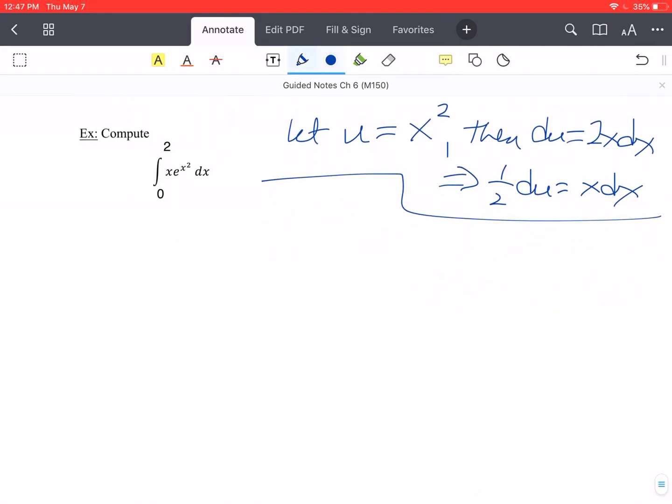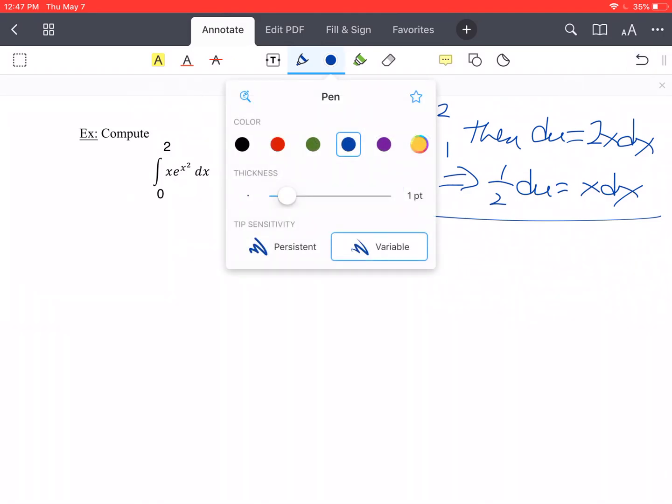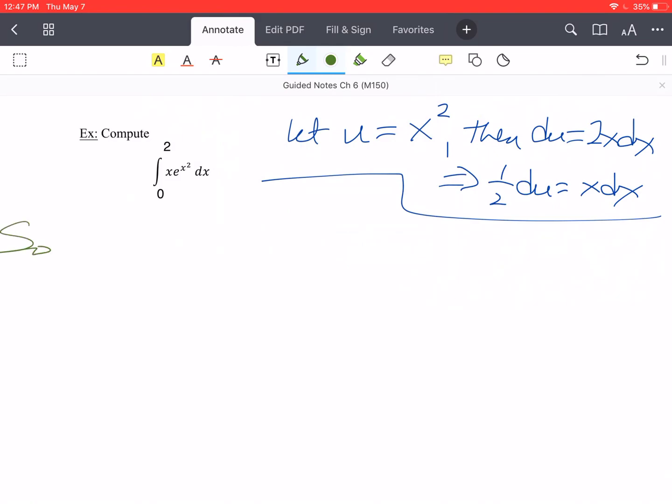So let me do these in different colors here. Solution 1. Our first method is we just solve the corresponding indefinite integral, the integral of x e to the x squared dx.